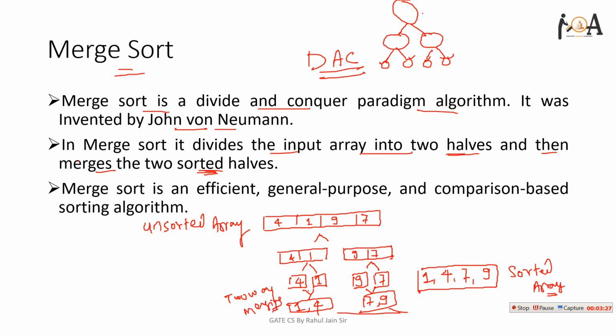I compared two elements and added them. Again I applied the same process, compared them, and put them into my array. So it is my sorted array guys. So merge sort is an efficient, general purpose and comparison based sorting algorithm. So I hope that these points you have got it right.